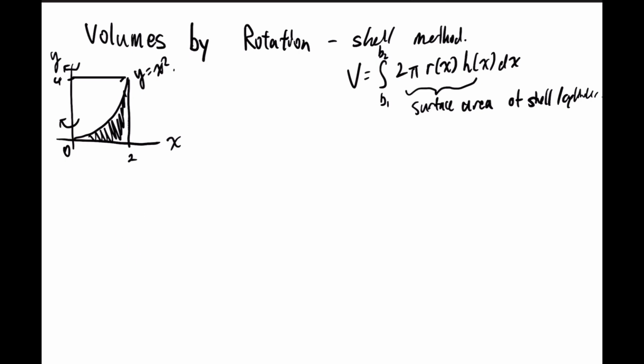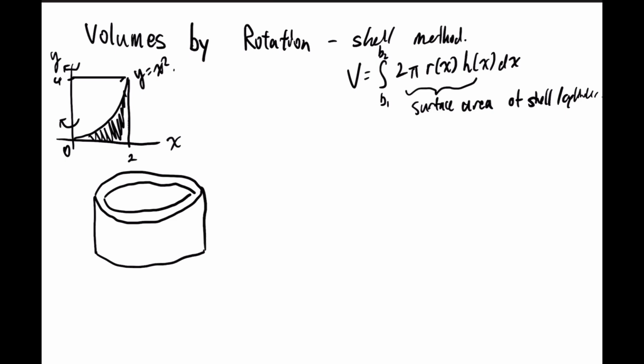As I said, what we're doing with the shell method is we're taking shells of the overall shape as we move out to our bounds, right? We might imagine that the center is 0, and 2 is somewhere out here, and we're moving our variable of integration across the bounds.